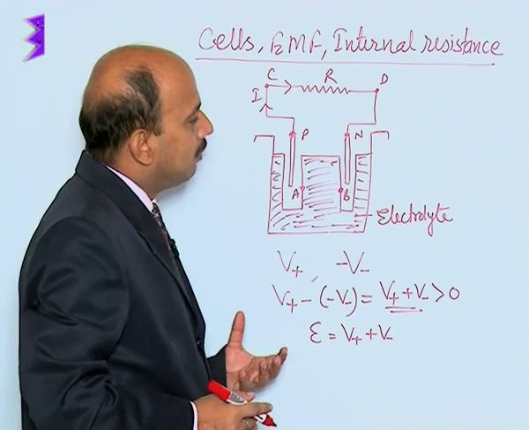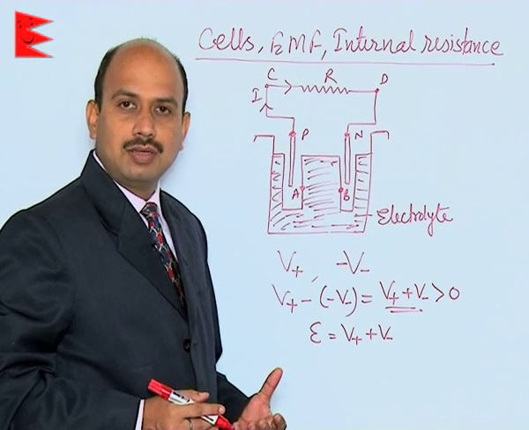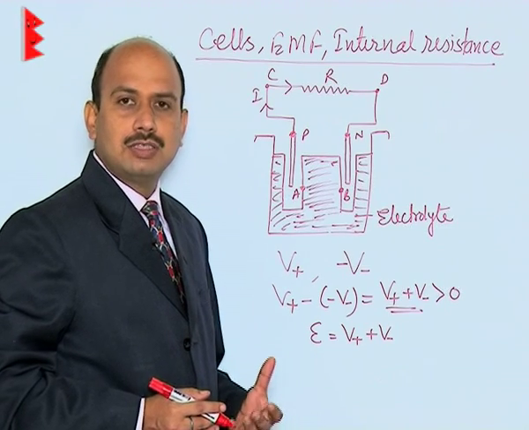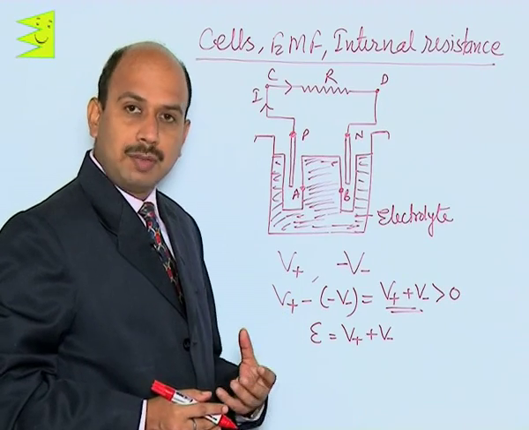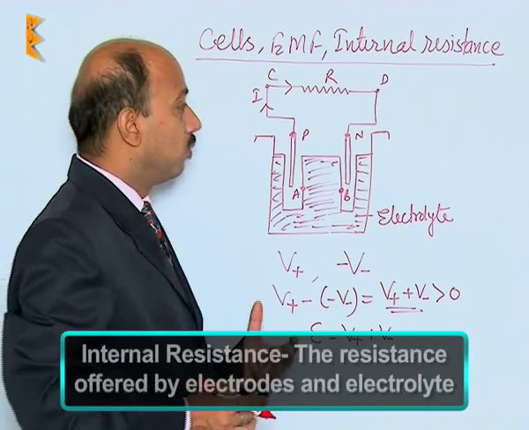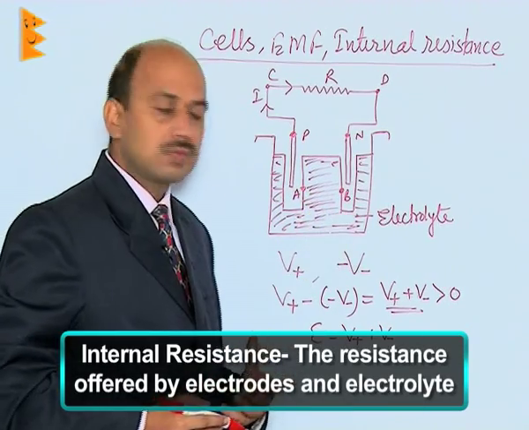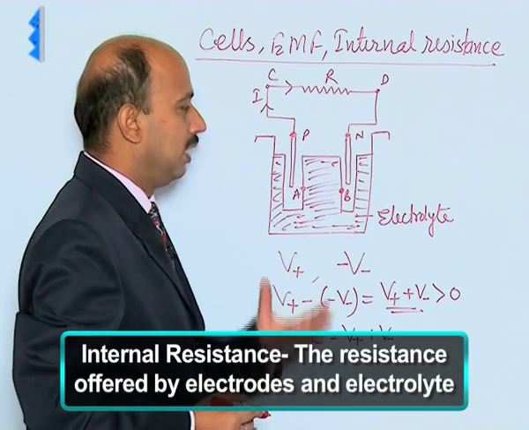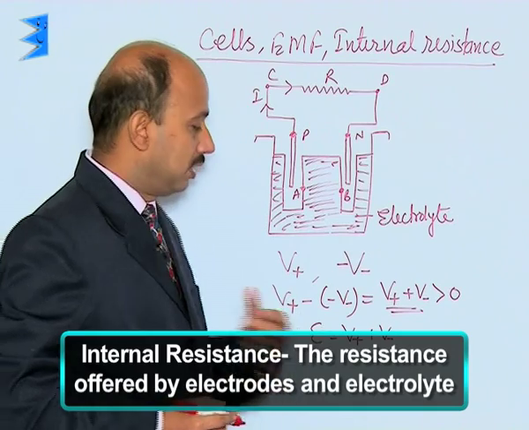Basically, EMF of the cell depends on the concentration of the electrolytes, or you can say the nature of the electrolytes. Now there is one more concept, that is called internal resistance. These two electrodes are dipped in the electrolytes. The resistance offered by the electrolytes and the electrodes is known as internal resistance.